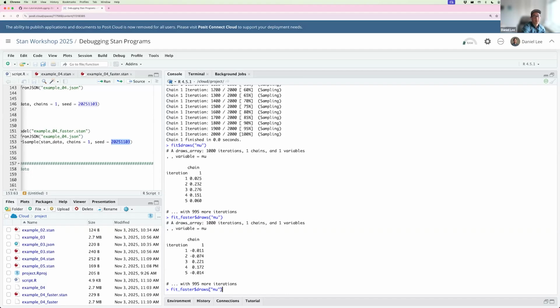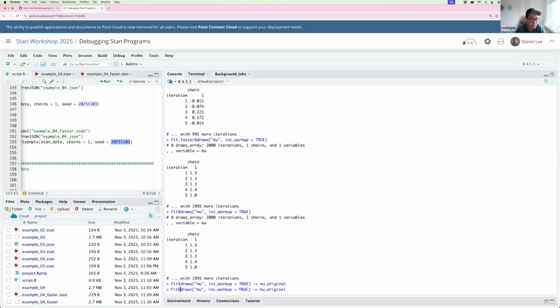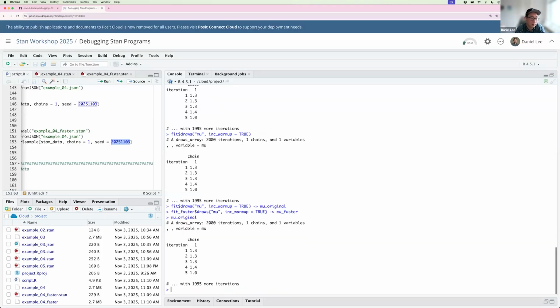So there's not really a way for us to actually... All right, there we go. So there are 2,000 iterations. We'll look at the first iteration.